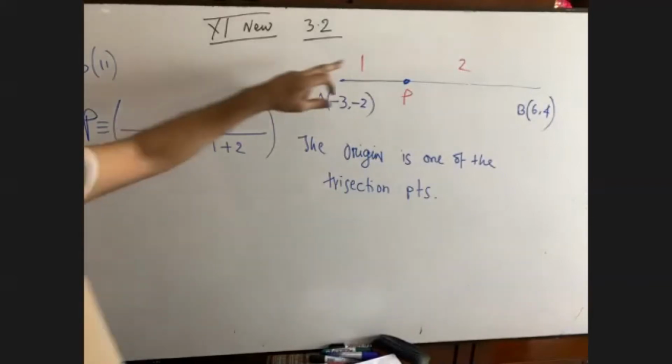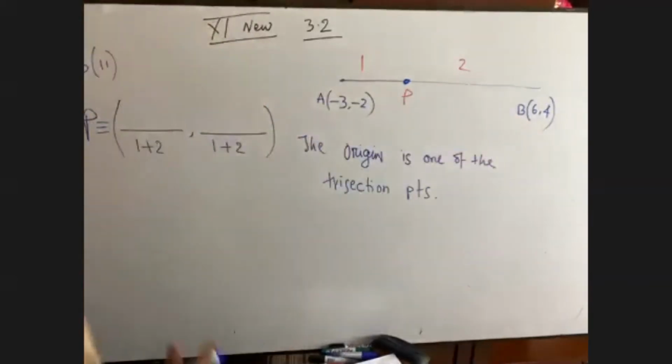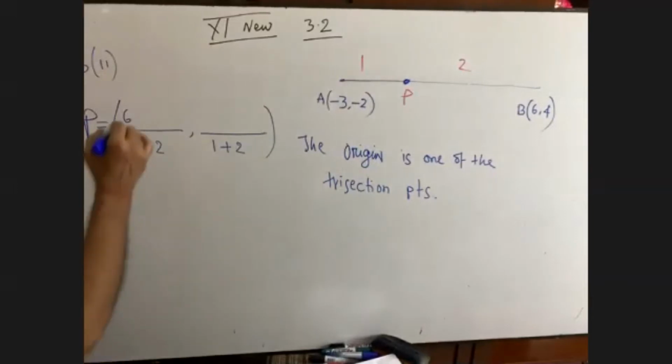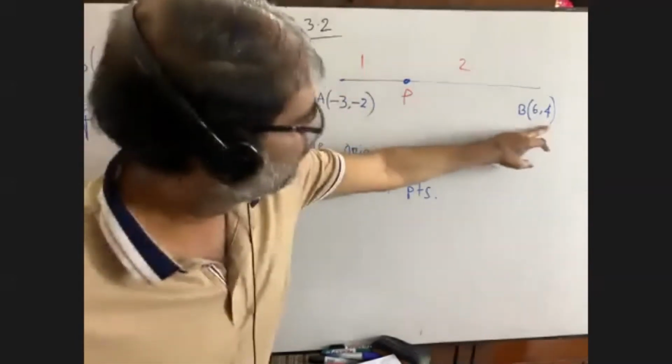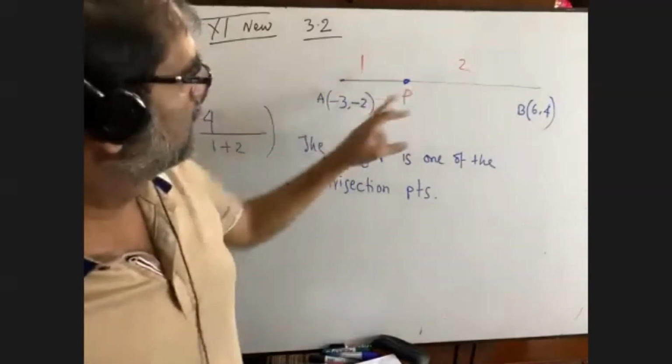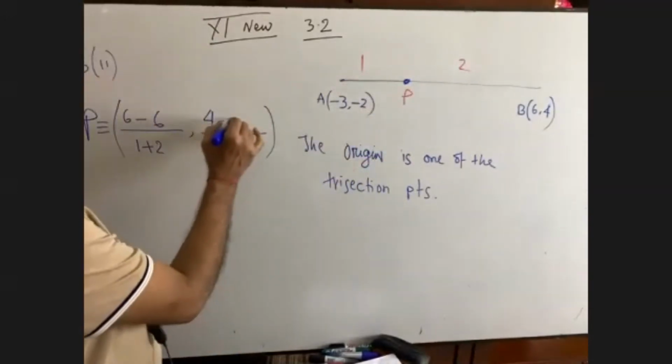Now 1 into 6 equals 6. Then 2 into -3 equals -6. Again 1 into 4, that is 4. 2 into -2, that is -4.